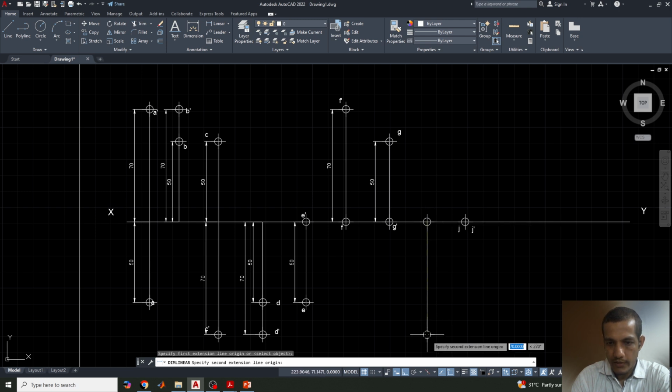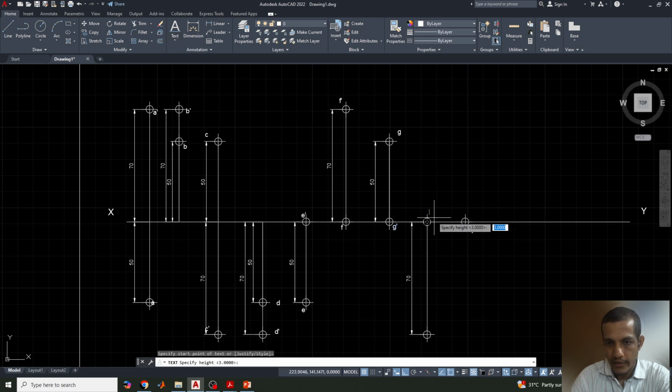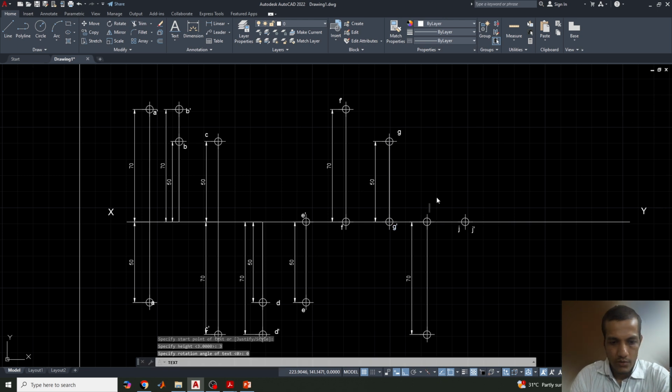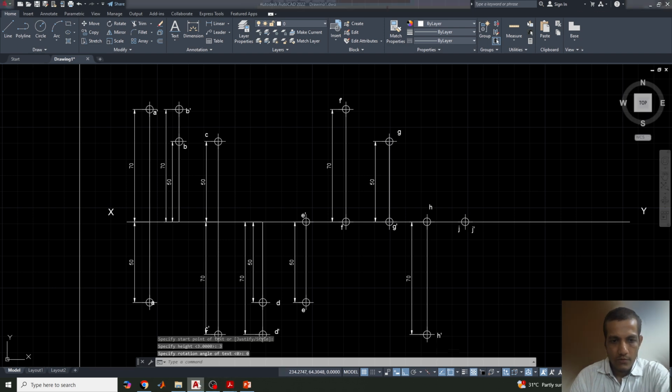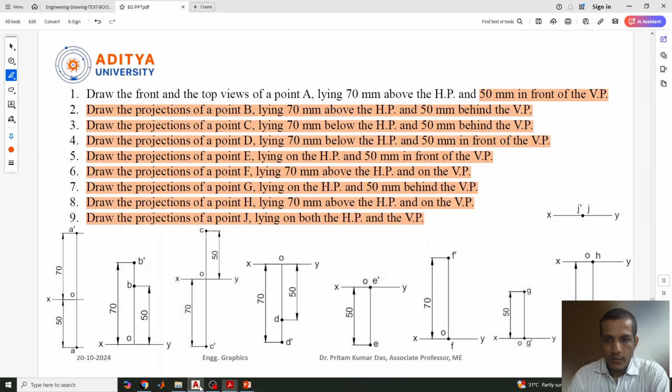Select this point, give the dimension, and go for the text, single line text, H point. Take text direction 3, 0, and this is H, and this is your H dash, I hope. So let's see H dash, and meanwhile other points we can mark.